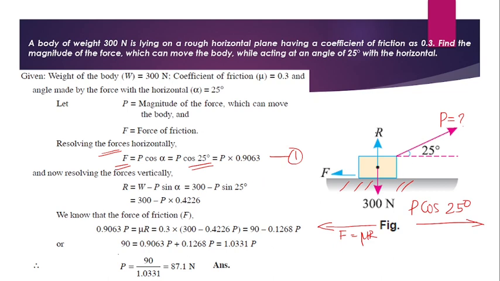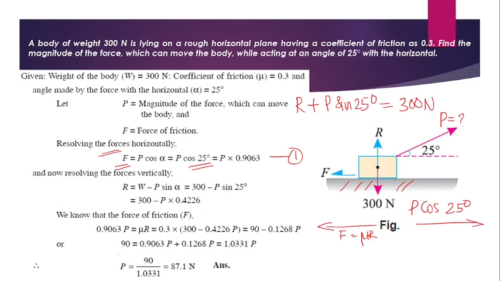Then we can resolve this force system in the vertical direction also. The vertically upward forces, normal reaction R and P sin 25 degrees, must be equal to the total forces in the downward direction. Here the only force in the downward direction is 300 Newton. Then R plus P sin 25 degrees is equal to 300 Newton.